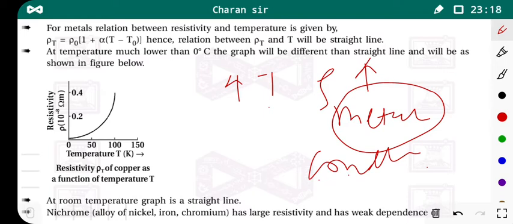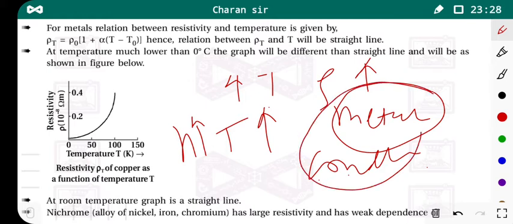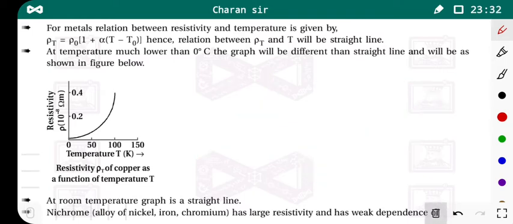Why does this happen, and what is the dependence of n on temperature? When we increase the temperature, the number of electrons inside a conductor does not depend on temperature. That means for conductors, resistivity depends only on the relaxation time.